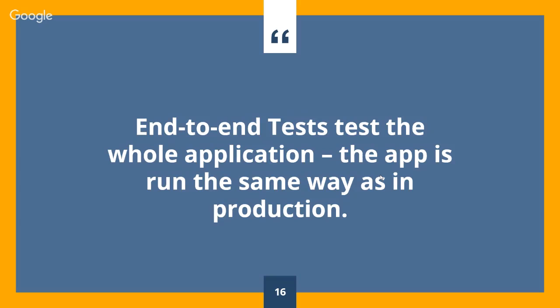Essentially, an end-to-end test is like you sitting on your chair, starting up your computer, opening the browser, navigating to your website, and doing some actions to see what happens and checking if the functionality that the app displays is the desired one. End-to-end tests are like an assistant that is constantly checking the quality of your code.